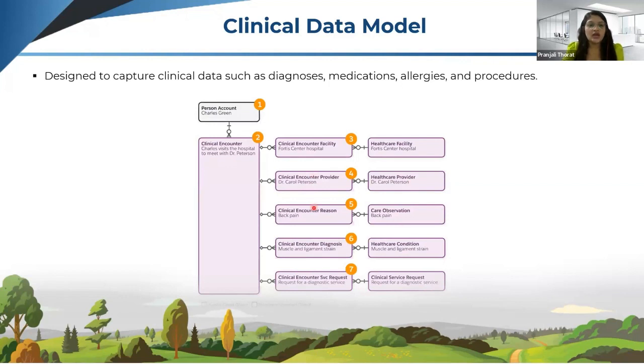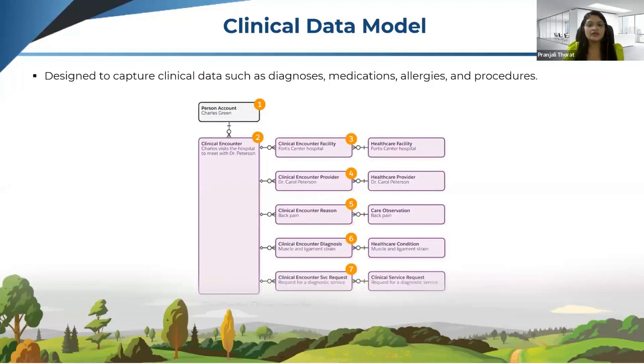Then Charles has a pain in his lower back. So the clinical encounter reason specifies a reason why the encounter happened. A clinical encounter reason record refers to the parent clinical encounter record and a care observation record.